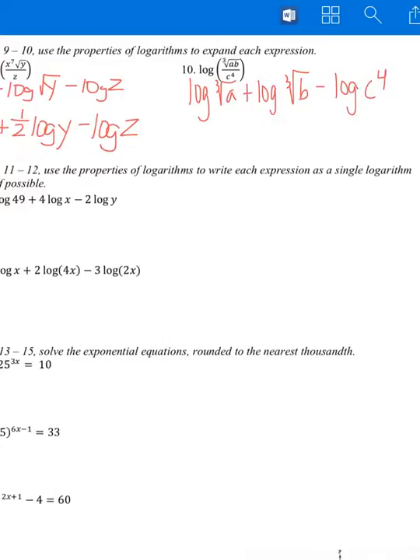Now the only thing to do is to bring those exponents out front. So if you have a cube root, the cube root really has an exponent of 1 over 3. So this is 1 over 3 log of a plus 1 over 3 log of b minus 4 log of c.